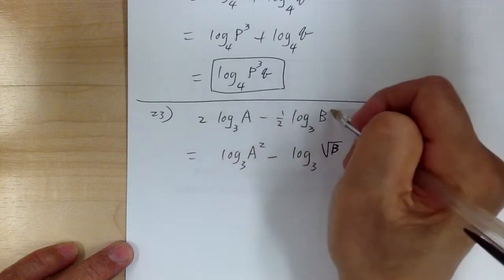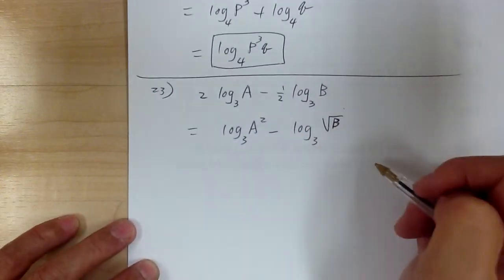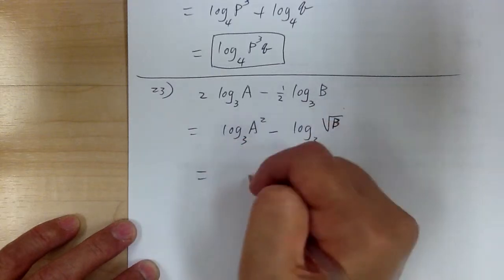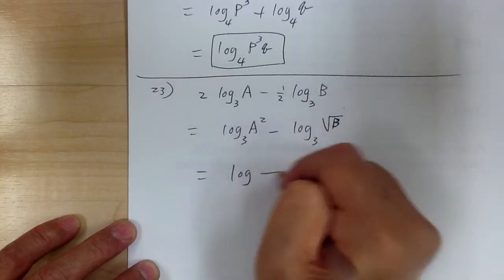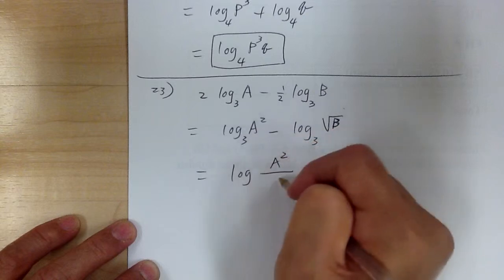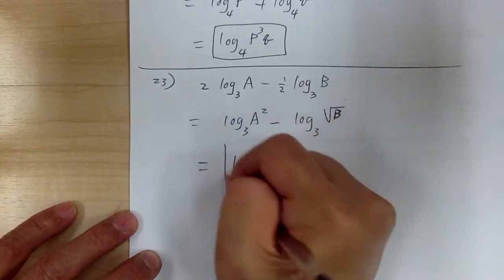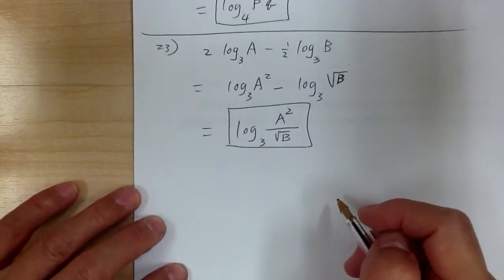So 1/2 goes up there, so b to the 1/2 power is the square root of b. Okay, then after that you put them together, so subtractions become divisions on the inside, right? Okay, and that's it for number 23.